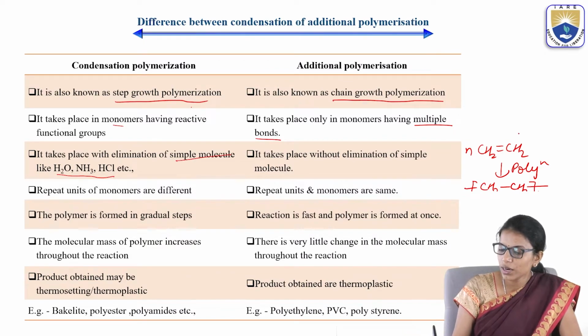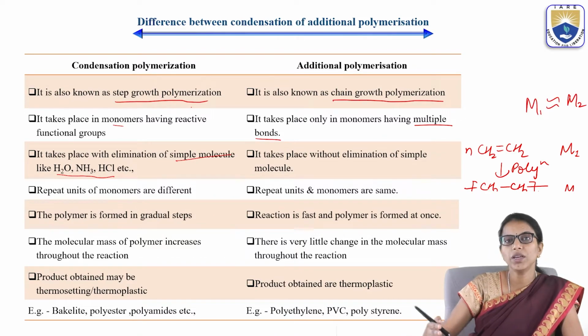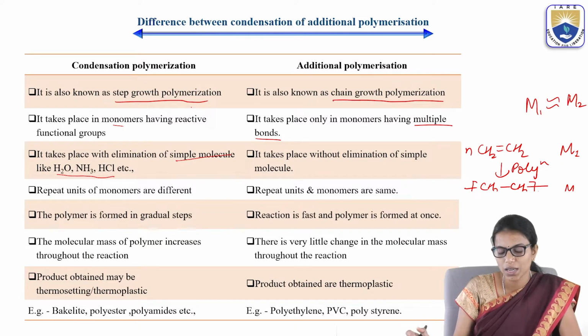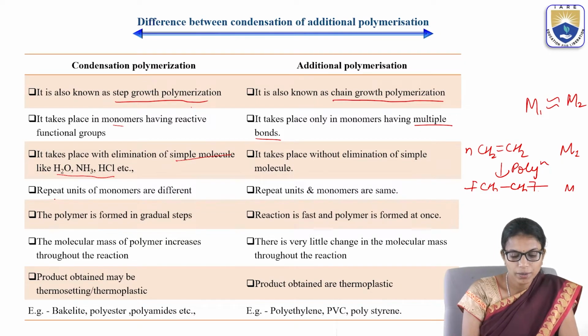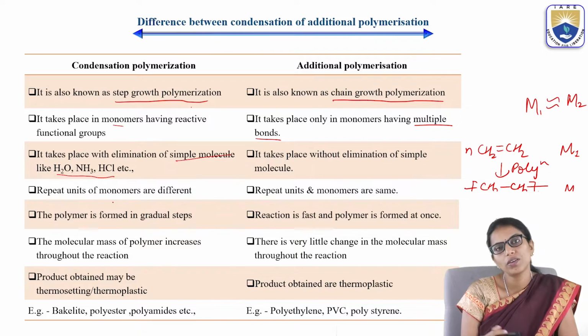So what will the molecular weight be? Suppose the molecular weights here are M1 and M2. M1 will be nearly equal to M2, or approximately the same. Here the repeating unit of the monomer will be different.